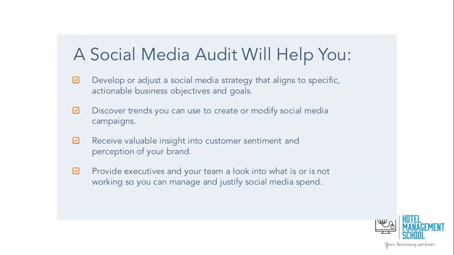So we always have to look back at our business goals and marketing goals. Then we audit our social media campaigns and align them back with those goals, and by doing a social media audit we can also discover trends we can use to create or modify our campaigns.